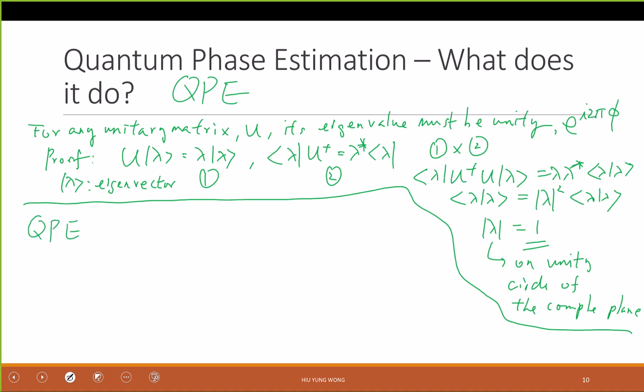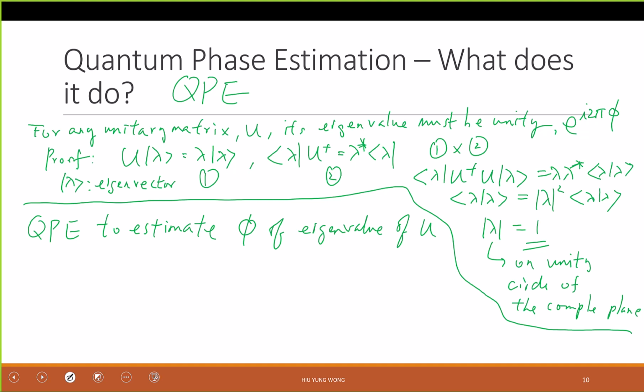QPE is to estimate, right? We want to calculate, but unfortunately there's some approximation, to estimate the phi of the eigenvalue of a matrix, of a gate.